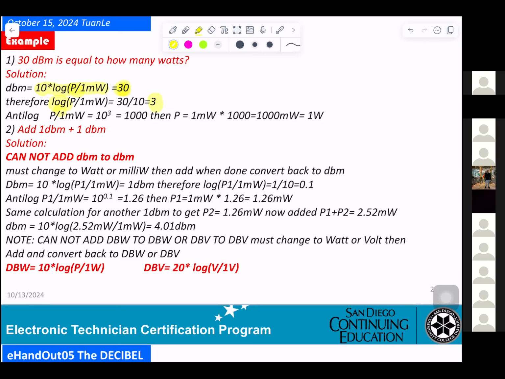That's 10 to the power of 3, equal to 1,000. That tells you P equals 1 milliwatt times 1,000. You get 1,000 milliwatts or 1 watt.